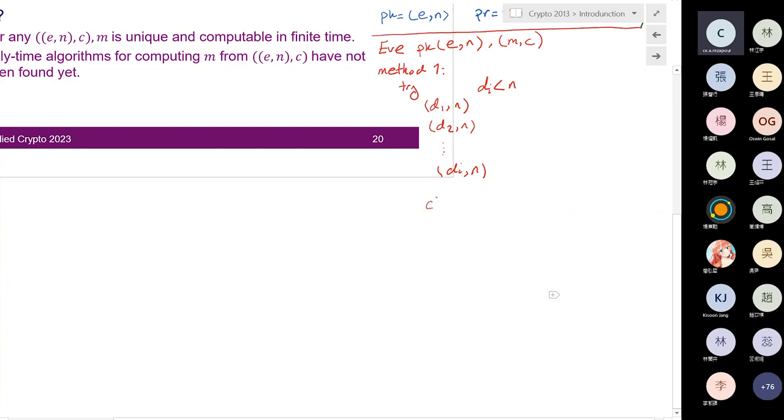For any of them that she chooses, she would check if she can match this equation. She can take C, raise it to the power Di mod N, and then check whether this is equal to M or not.